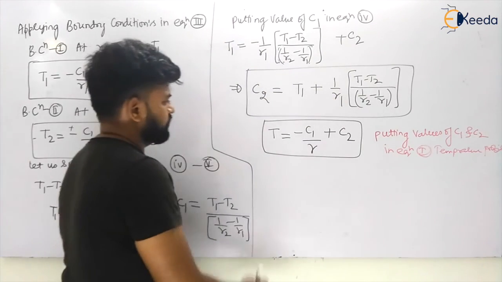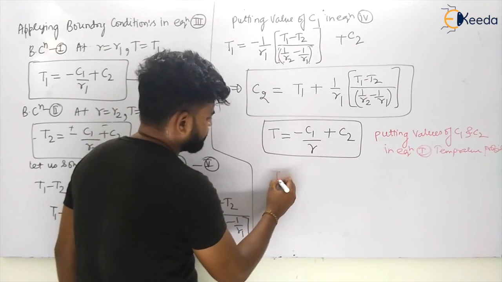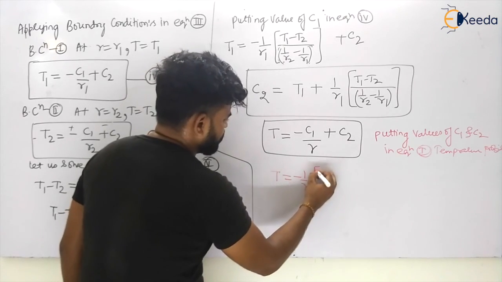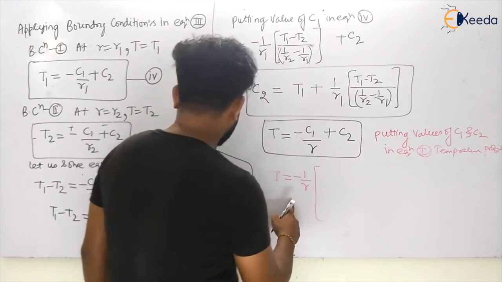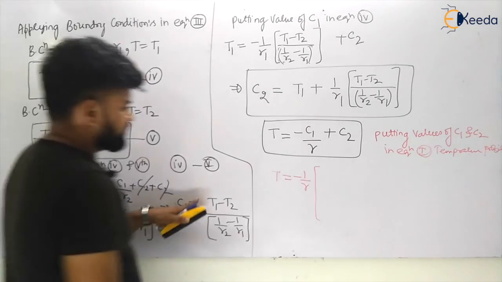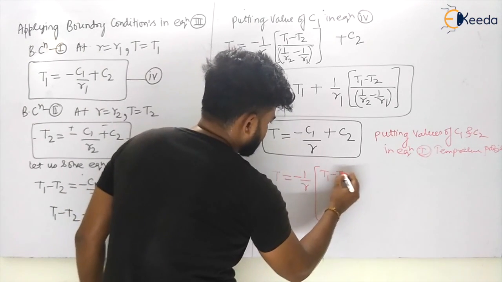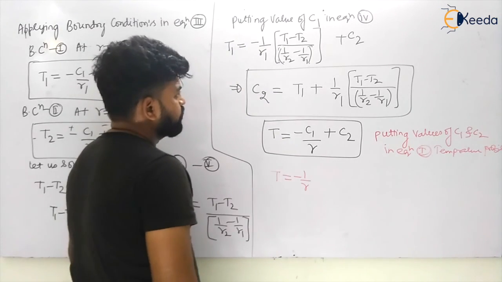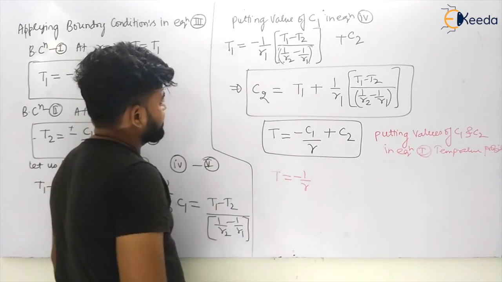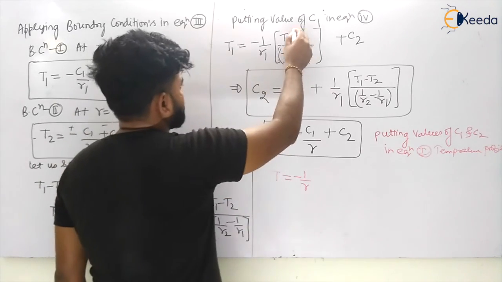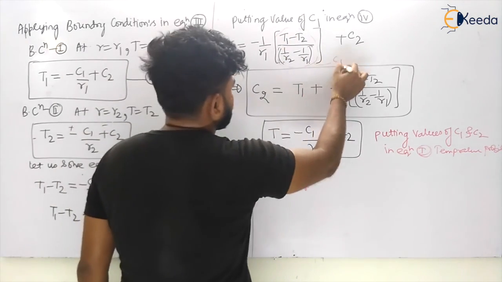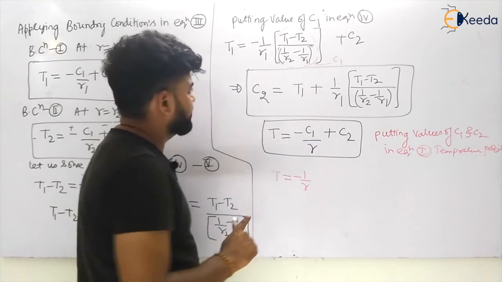Let us see. So this will become T is equal to minus C1 upon R. So let us put the value of C1 here. This is your C1, T1 minus T2. Or let us put only C1 here. Let us put the value of C2 only. I'm making it simple.